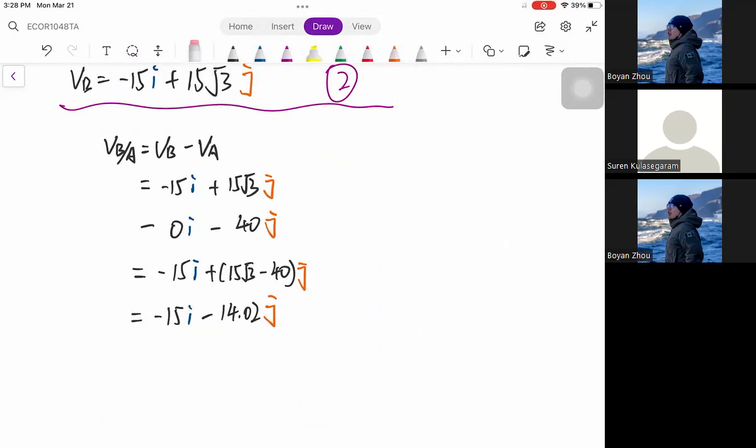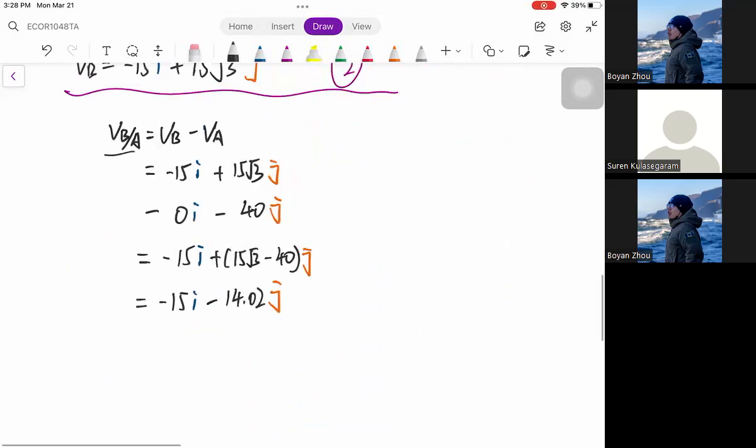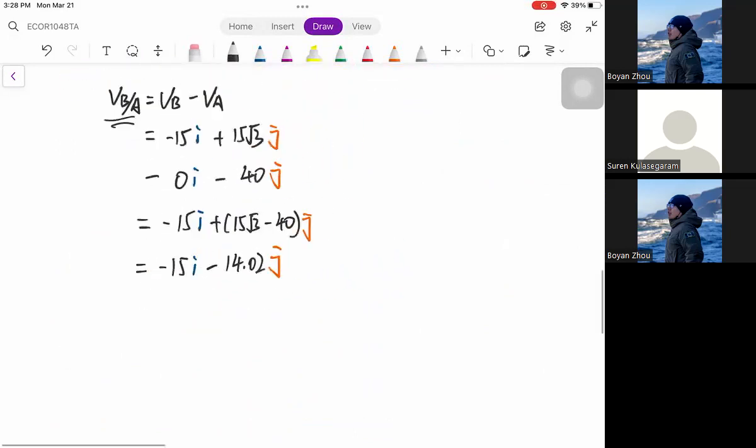So what you need to do is find the magnitude and also the direction of the velocity. The magnitude is pretty easy. Well, they're both pretty easy. You just need to find the magnitude.